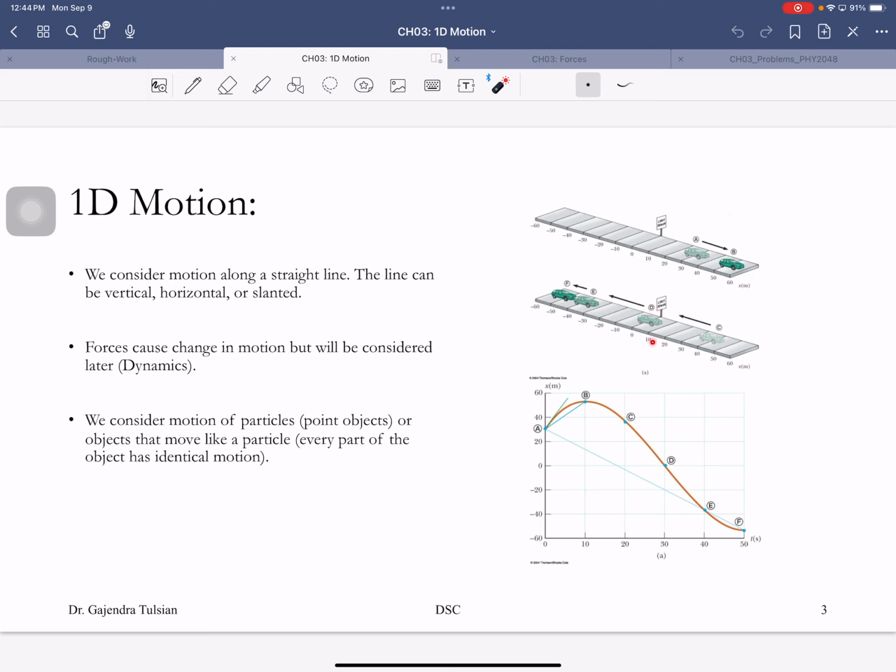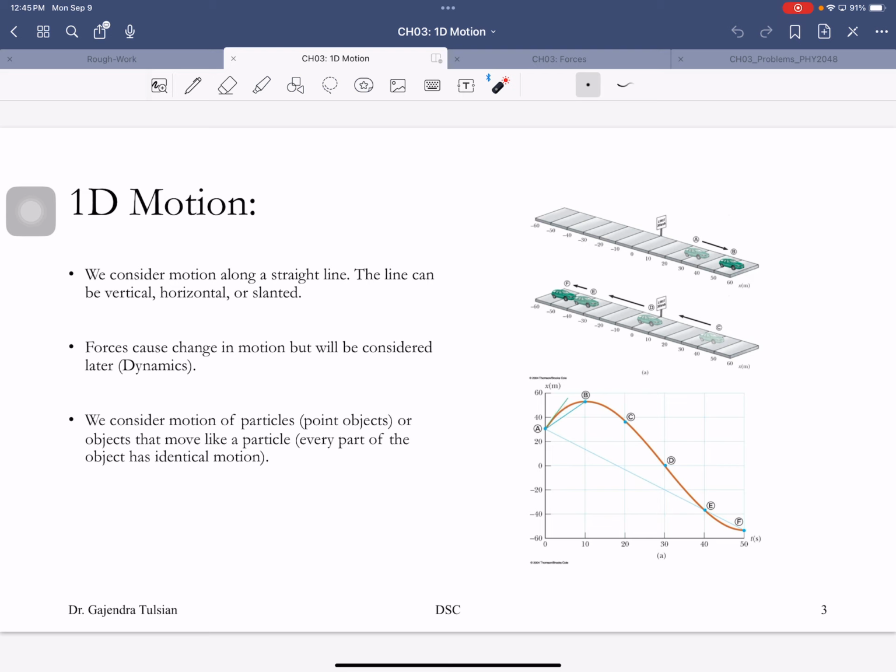And we'll be interested in describing this motion. Useful information is where the object is at all times, and this graph tells you that. This is the x position of the object as a function of time.